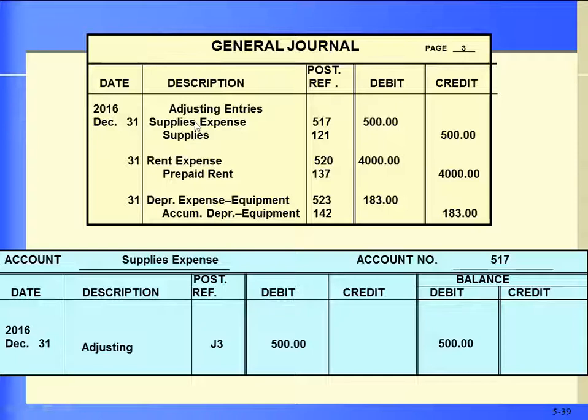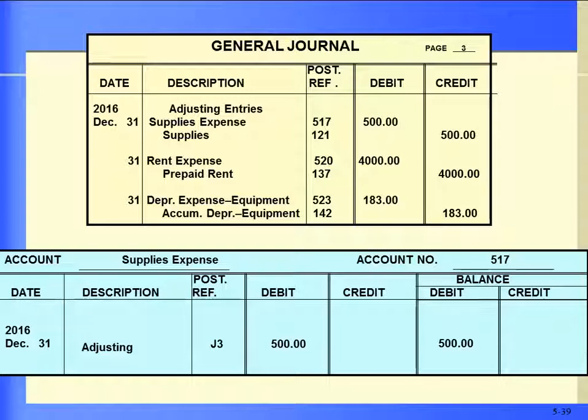All adjusting entries will always have an income statement account and a balance sheet account. See how that is for all these? Income statement, balance sheet, depreciation expense, income statement, accumulated depreciation, although not an asset, it's a contra asset, goes on the balance sheet.